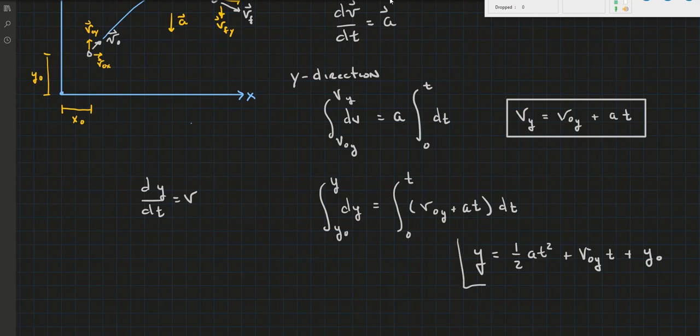And this will be another equation we use.